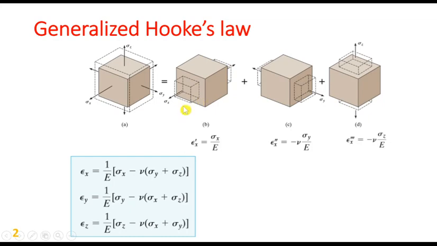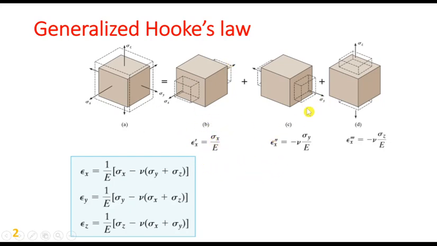the effect of sigma x along the x-axis will be elongation, and that can be represented by this equation: epsilon x, that is positive, is equal to sigma x by E, according to Hooke's law in one dimension along the x-axis.